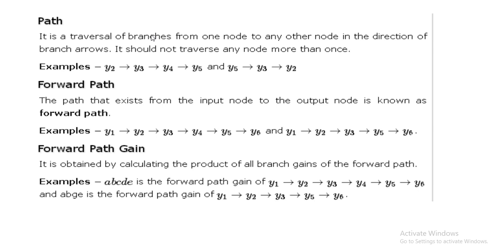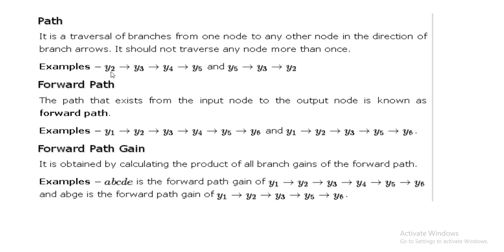What is a path? Again I am repeating, it is a traversal of branches from one node to any other node in the direction of arrows only. It can be a forward path, it can be a reverse path. It should not traverse any node more than once. If you see here, no node is traversed more than once.